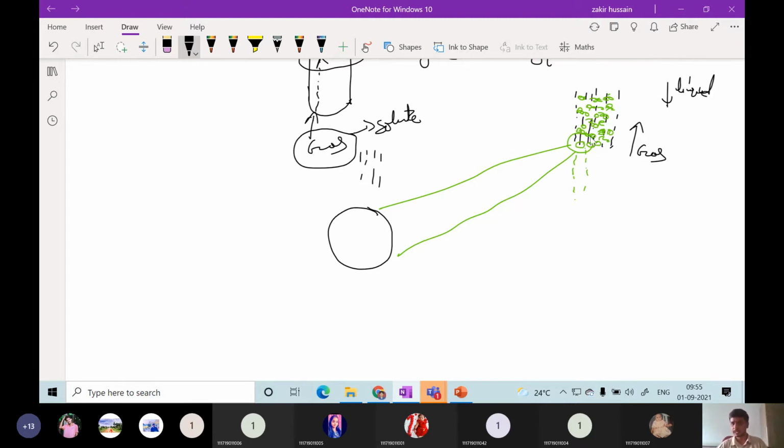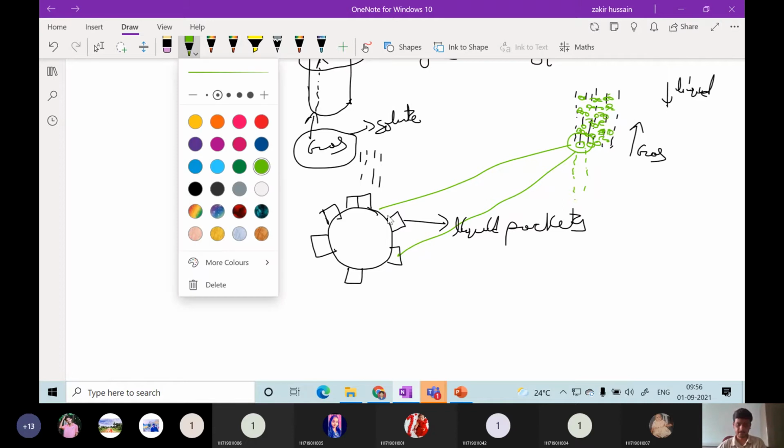If you take only a single bubble, the liquid will be touching this bubble as small packets, small droplets or small packets. In mass transfer operations, we call these droplets packets. This is called a liquid packet.